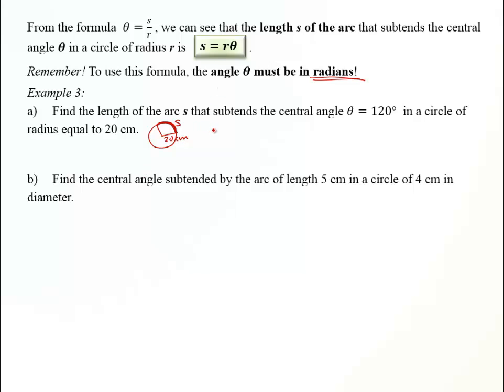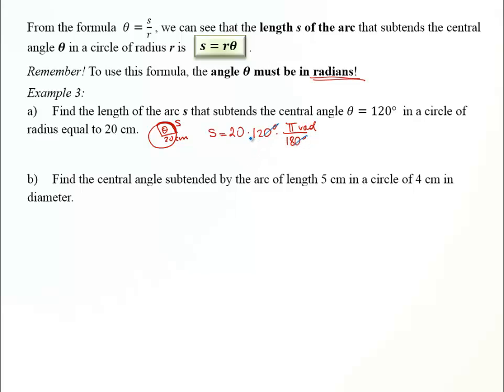Okay, so from the formula, S equals radius, which is 20 centimeters, times theta. But theta must be in radians, not in degrees. So I can multiply by 120 degrees, but then I have to convert it at once into radians. Okay, so we can divide by, for example, 10, and degrees are gone.